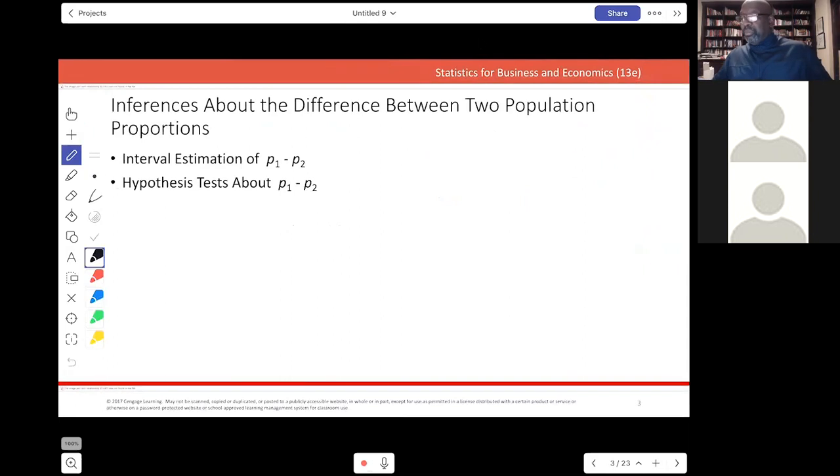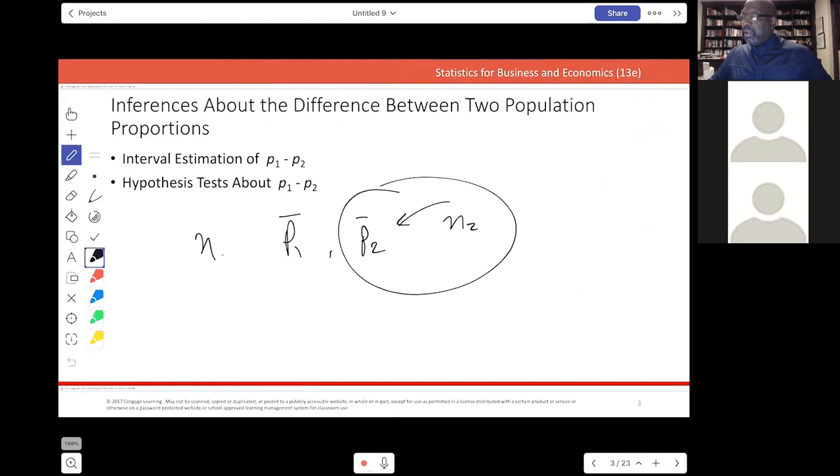Sample proportions then would be, if we take two random samples, one from each population, then we will get two sample proportions. We'll get a P bar 1 and a P bar 2 if we generate a random sample of N1 from one population and a sample N2 from another population. And then using that information, we want to see if we could draw some inference or a conclusion about those two population proportions. All right?